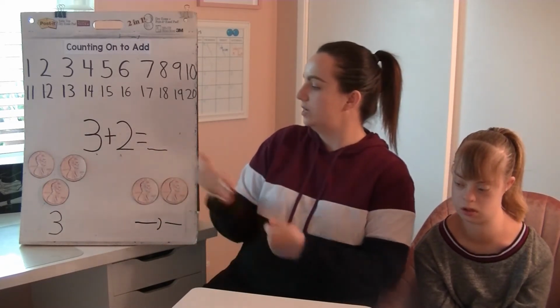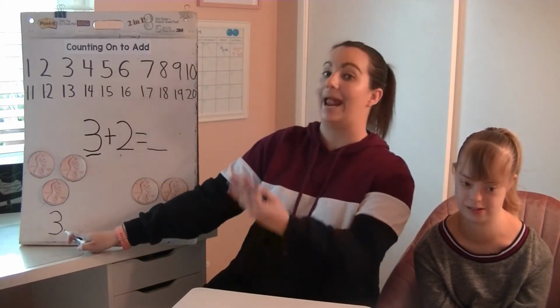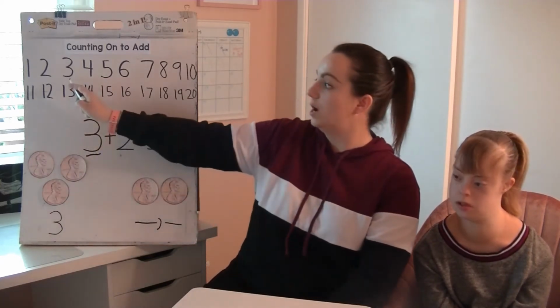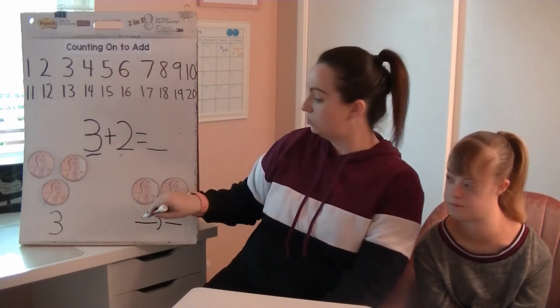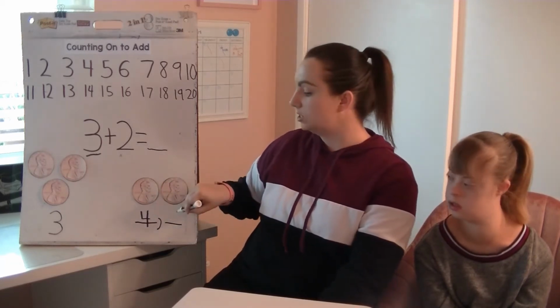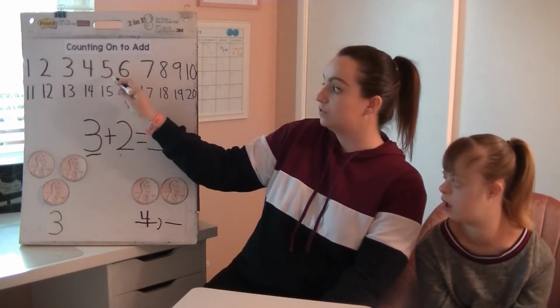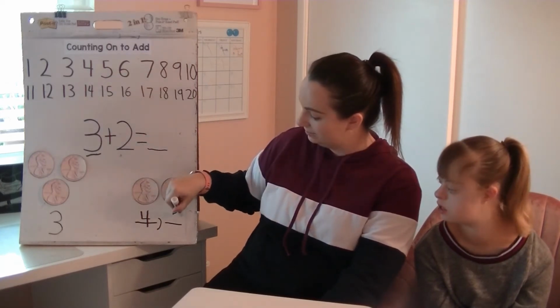We already know we have 3. Let's keep counting on. What number comes after 3? 4. Yes, so we'd write 4 comes next. And then we keep counting on. What number comes after 4? 5. 5, yes.